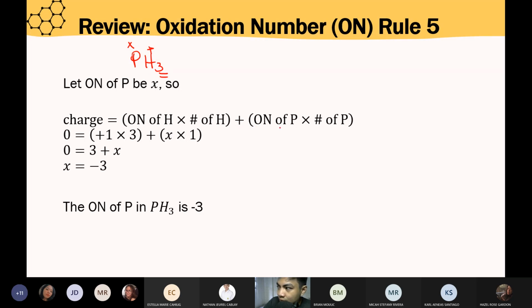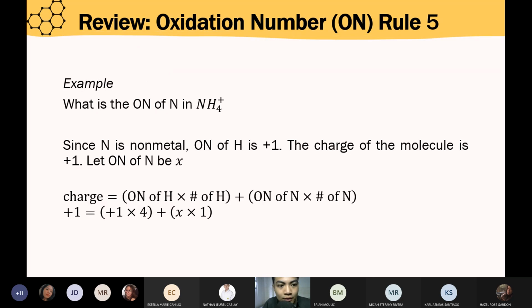So x times one phosphorus. Then this is 3, this is x, transpose, and you get x equals negative 3. Therefore, the oxidation number of phosphorus in PH3 is negative 3. So, let's have another exercise.